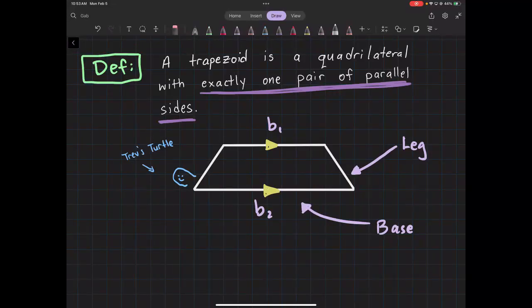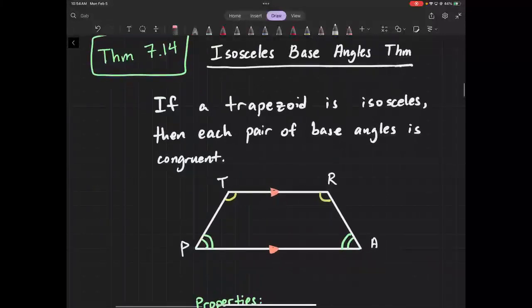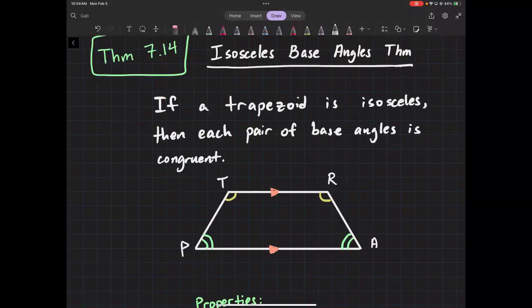I'll go into our first theorem. Why does it look like a rectangle? Fix it, please. If you look at your theorem sheet, take a look at the top. We're talking about 7.14.